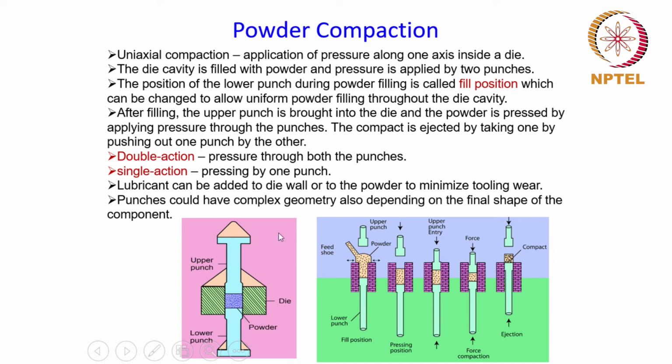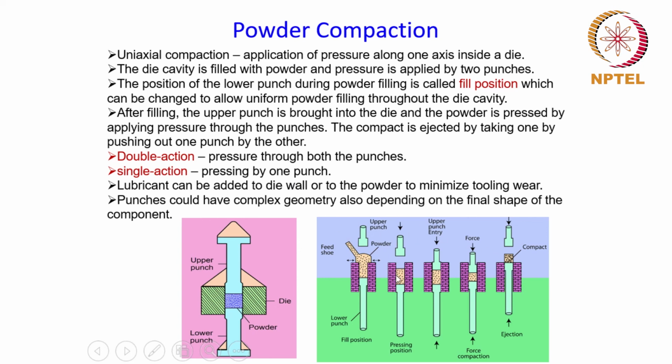So the tooling that you have for this uniaxial compaction basically consists of a die cavity in which the powder is filled and two punches, one upper punch and one lower punch, through which the pressure is applied. When the pressure is applied through both the punches, it is known as a double action process, whereas the single action process refers to pressing by only one punch.